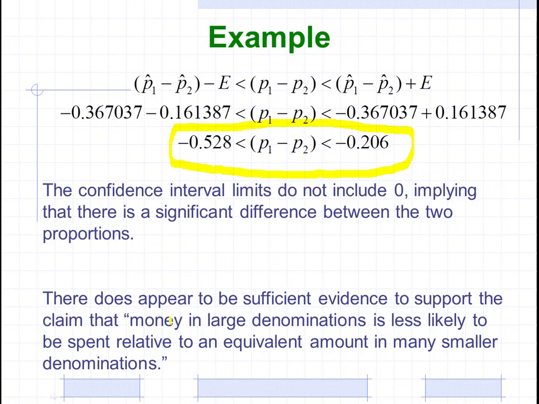So again, there does appear to be sufficient evidence. I would do this because to me this kind of is wordy. You could say there is sufficient evidence to support the claim, or this study suggests that money in large denominations is less likely to be spent relative to an equivalent amount in many smaller denominations.